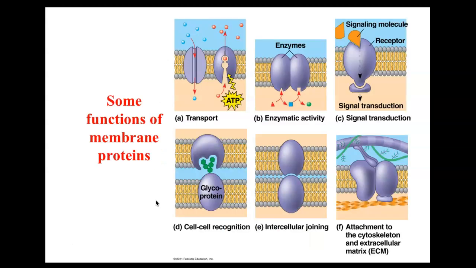All right, here are the functions of membrane proteins: transport, enzymes, signaling, cell-to-cell recognition, intercellular joining, and attachment to the cytoskeleton. What I want to talk about tomorrow, I'm going to focus on this one right here and how proteins within the membrane function as receptors for cell communication.